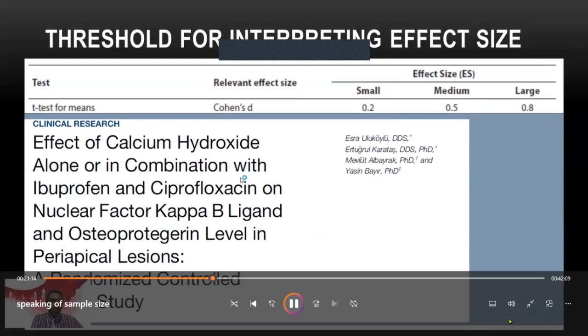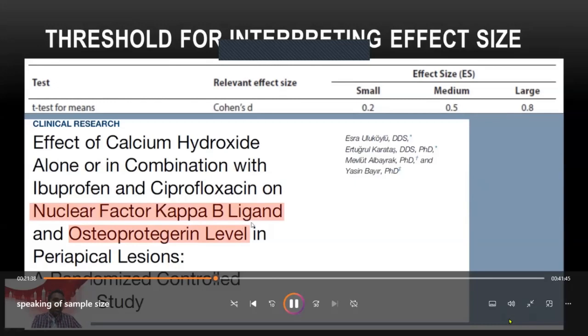In this article from JOE, they are conducting a randomized control trial to compare the effect of calcium hydroxide alone or in combination with ibuprofen or ciprofloxacin on nuclear factor kappa B ligand and osteoprotegerin level in periapical lesions.